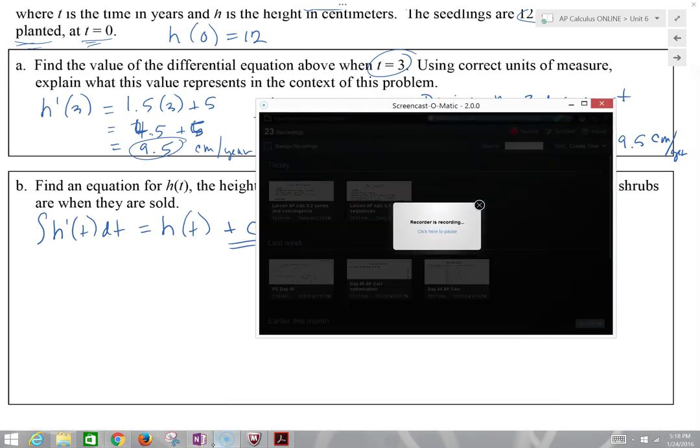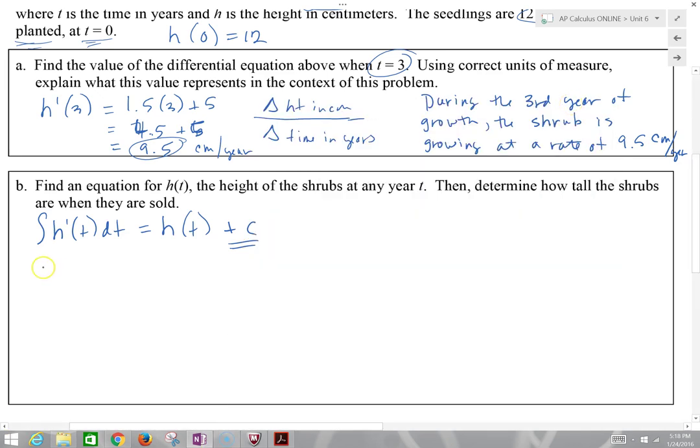Super nice, they gave us h prime of t, which is equal to 1.5t plus 5 dt. We take the antiderivative of that, and it gives us 1.5t squared divided by 2 plus 5t over 1 plus c. So h of t then is equal to 7.5t squared plus 5t plus some constant.